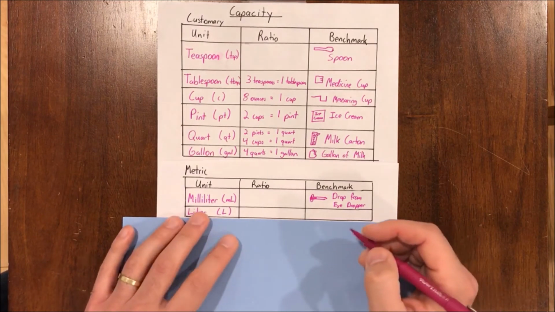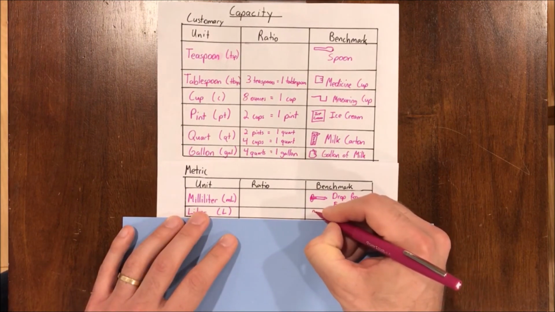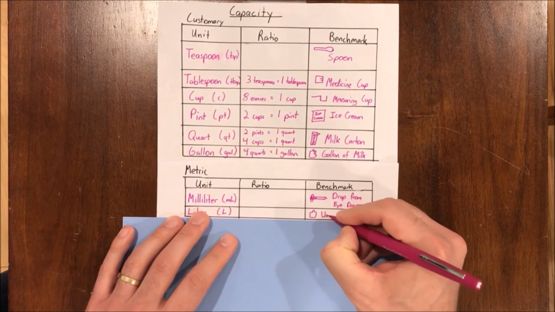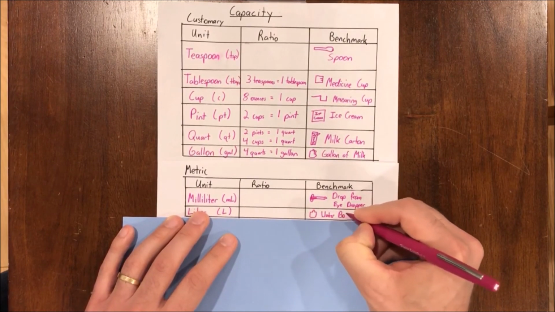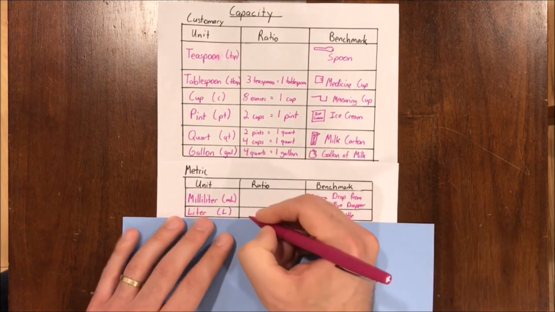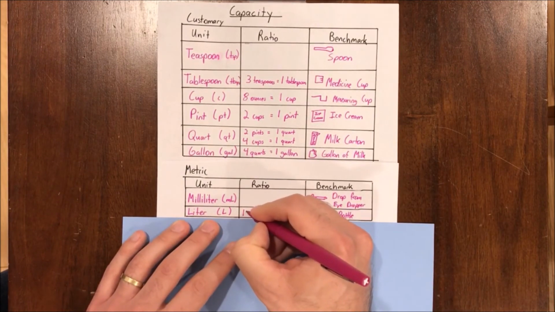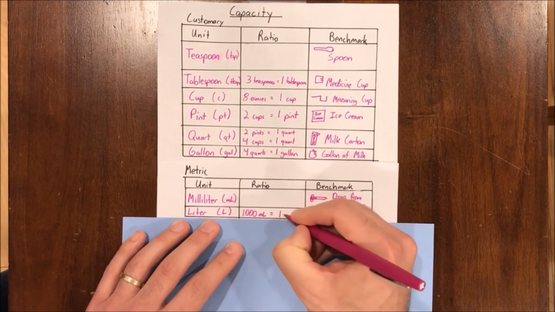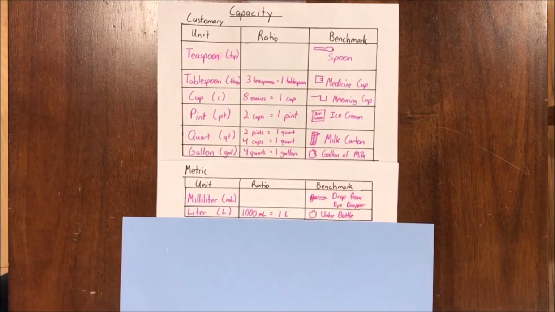Go ahead and say it out loud. I'm going to draw a little water bottle here as you do that. Here's our water bottle. Yeah, there's actually 1,000 milliliters in 1 liter, just like there are 1,000 millimeters in 1 meter.